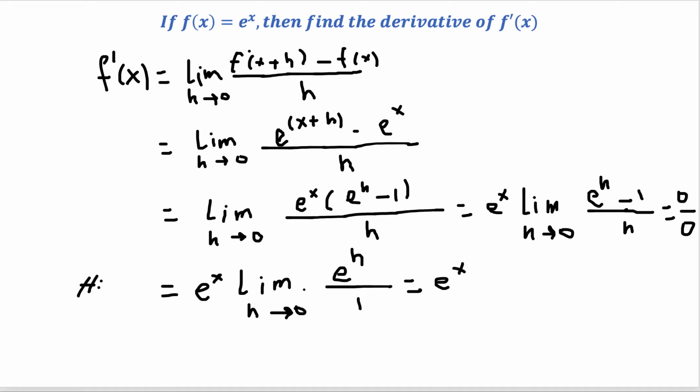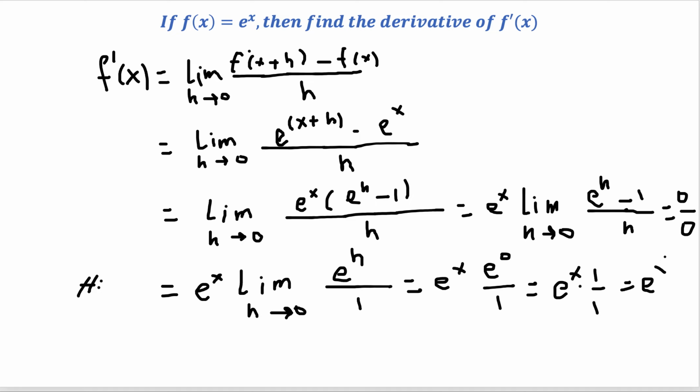When we apply h equal to 0, it is going to be times e to the 0 over 1, and already e to the 0 is 1. So e to the x is going to be times 1 over 1, which is equal to e to the x.